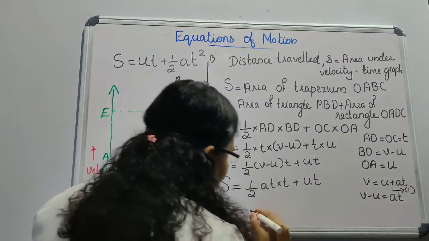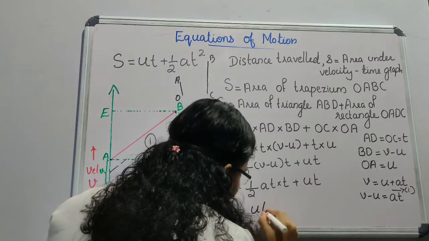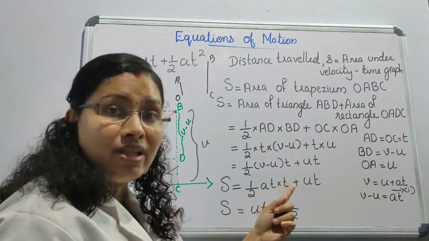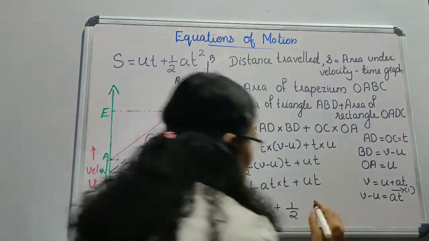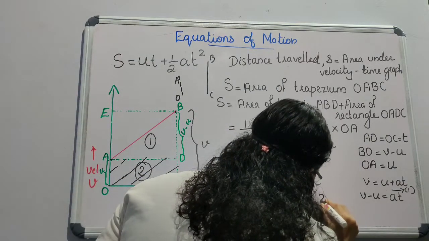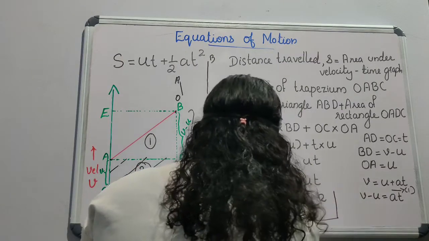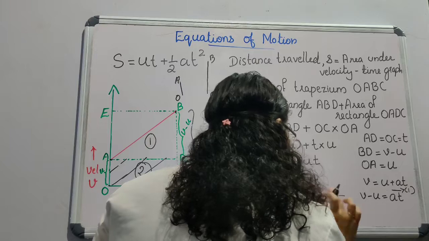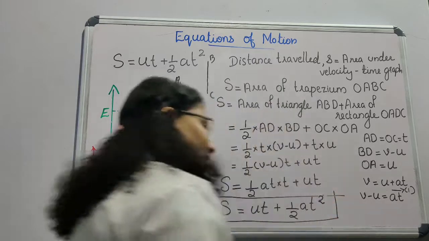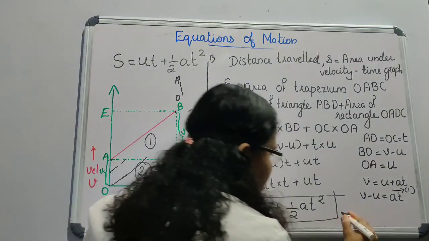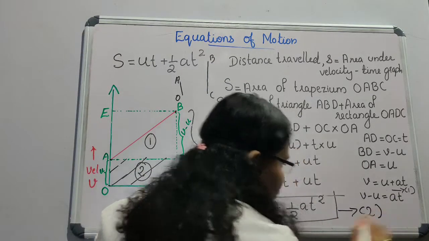So we are reaching the second equation of motion. I am rearranging it: first UT plus half AT into T, and T into T is T square, so we get half AT square. This is the second equation of motion, which is the position-time relation.